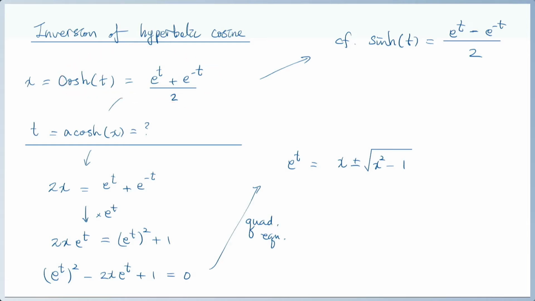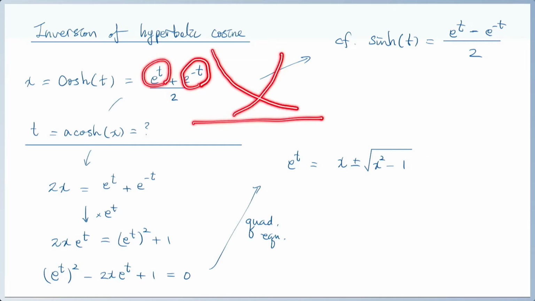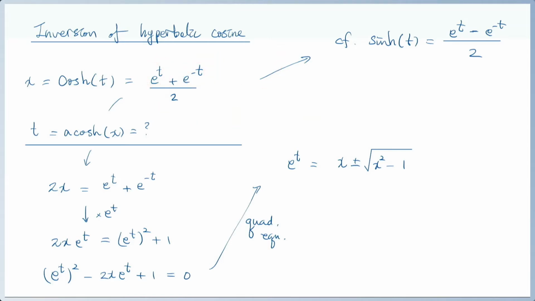As you can see, we have a part that grows exponentially, and we have another part that decays exponentially. You take the average of these two curves. So the graph of hyperbolic cosine will look like this. This is t here, x here, x equals cosh of t.